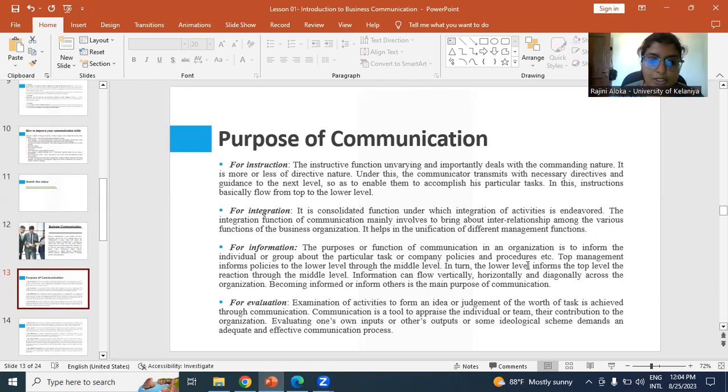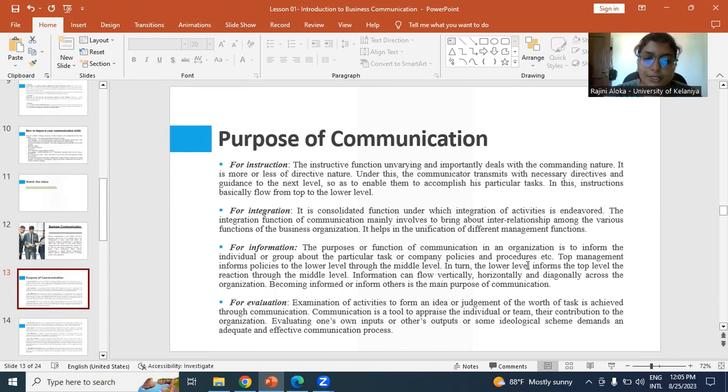Instructions basically flow from top to the lower level, and will be given in order to complete a task. So one purpose of communication in a business setting is to give instructions or guidelines.